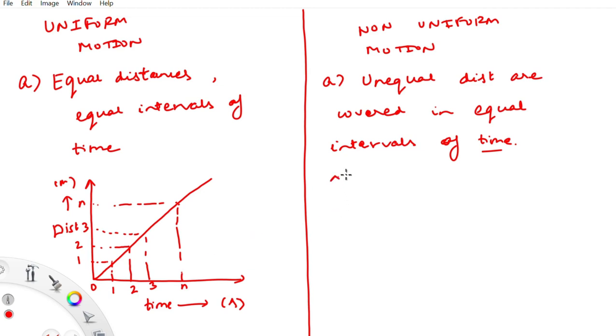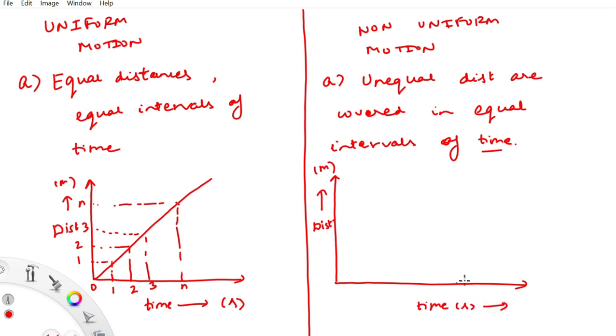Now let us talk about non-uniform motion. So again we have distance. I am writing distance on the y-axis. Distance is in meters. Time is in seconds, and this graph might not be a straight line graph. It can be somewhat like this.